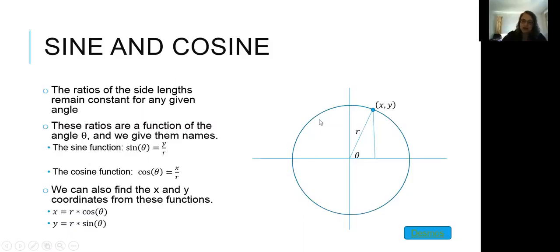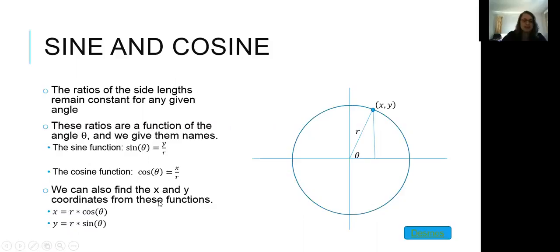Or in terms of our circle, the sine of the angle theta is equal to the y-coordinate of the point divided by the radius of the circle. The cosine is equal to the x-coordinate divided by the radius.